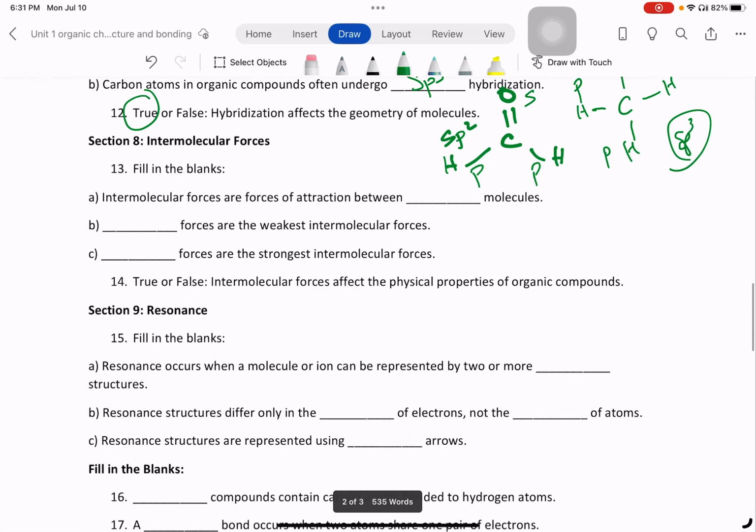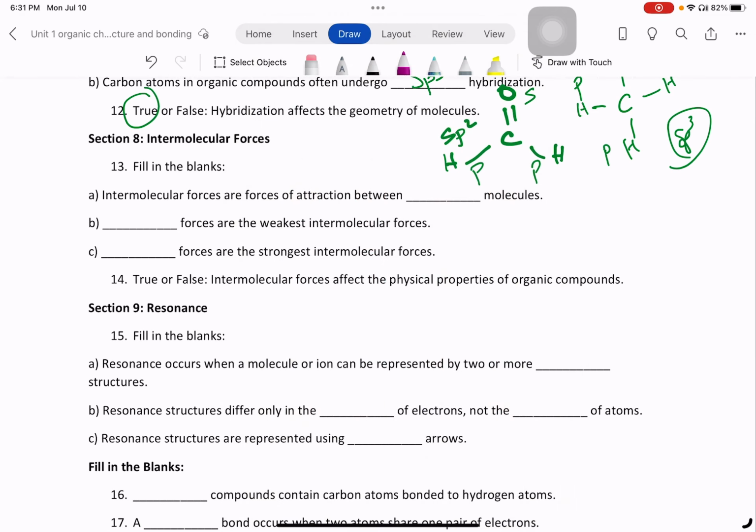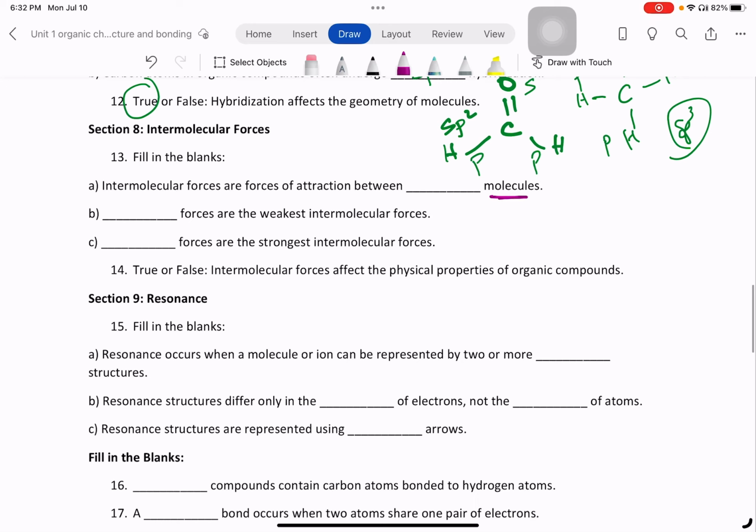Okay, intermolecular forces, another important topic. All these topics are kind of the introduction of organic chemistry that we're going to see today. Intermolecular forces are forces of attraction between what? They're between molecules, right? And it's written right over here.